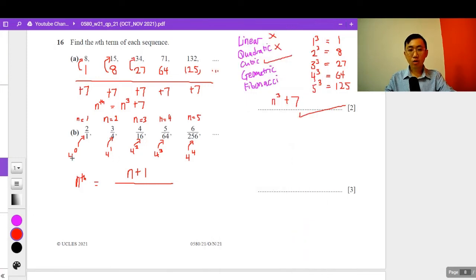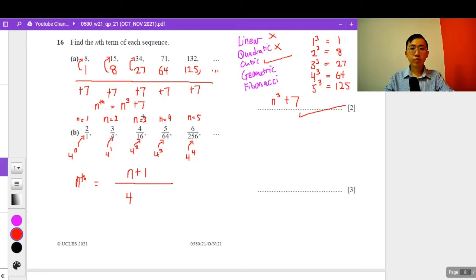You notice that all of these bottom numbers have a base of 4. Definitely we have to put in 4. And the top numbers, 0, 1, 2, 3, 4, 5, here you need to play with the sequence a bit. Think about it. When I put n equals to 1, I should be getting the top number 0. When I put n equals to 2, the top number for this one, I should be getting 1.